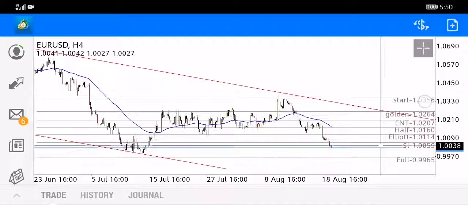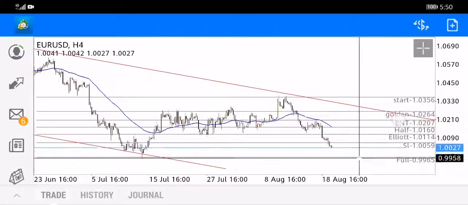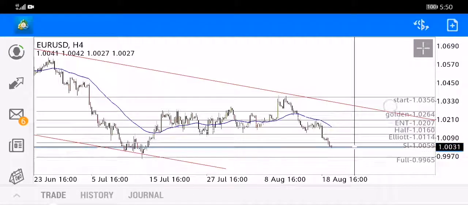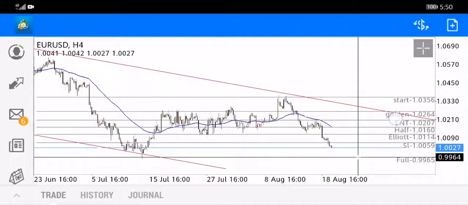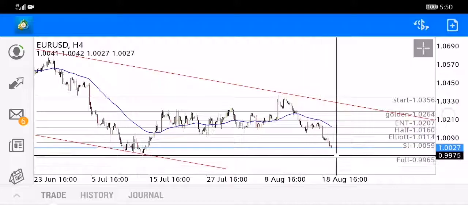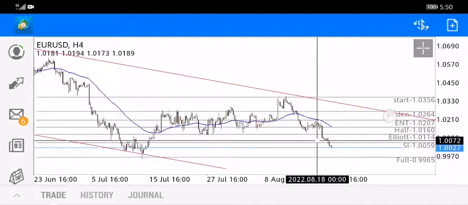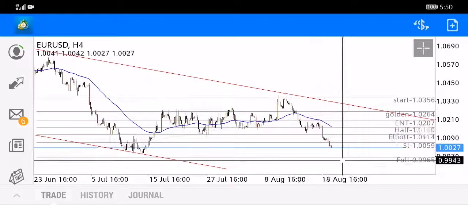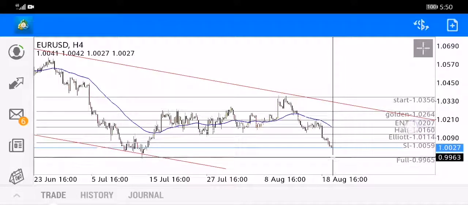That is almost 70 pips further in the selling direction to test that previous support level. And how the market reacts on that support level, maybe it forms a double bottom pattern, but it's almost about how the market reacts from this double bottom pattern.